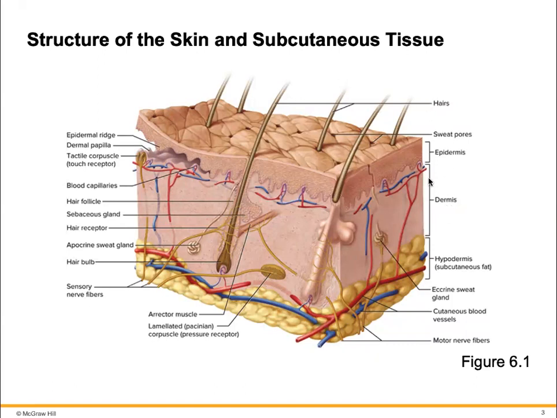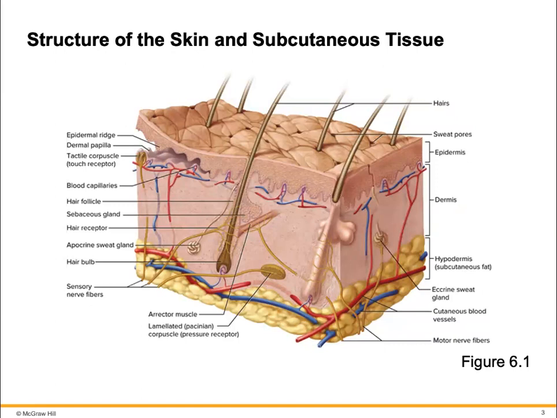The outermost layer that's in contact with the environment is the epidermis, which stands for above the dermis. The epidermis is made up of stratified epithelial cells, meaning that there's many layers of cells, specifically squamous cells, and it acts as a very strong barrier to the outside world.